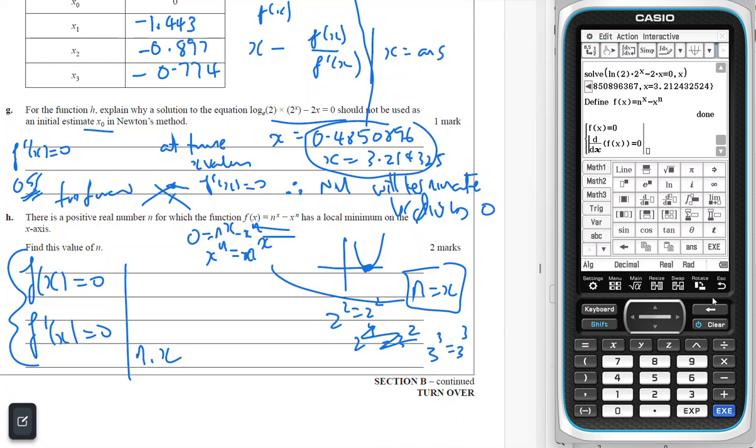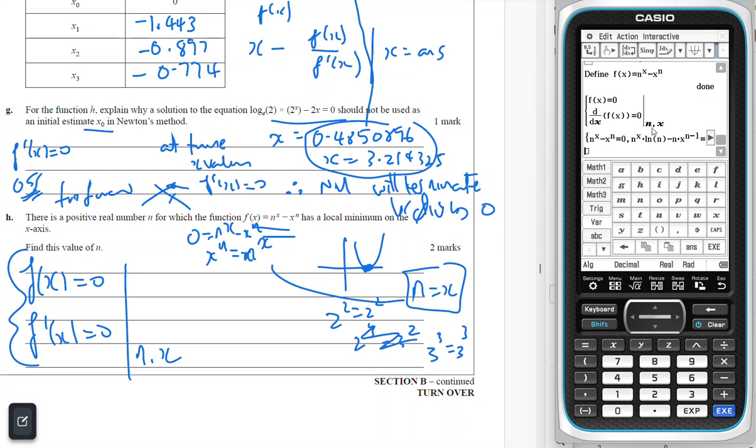They're in the wrong spot. And I wish to solve for n and x. But that didn't really solve anything.